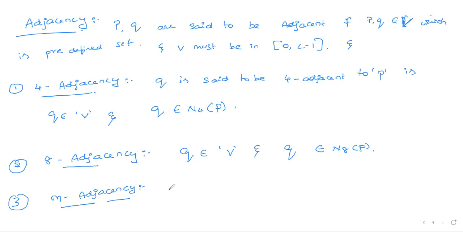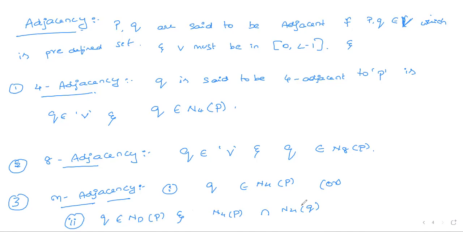First one is Q belongs to N4 of P. Or another condition: either this one is satisfied or this one has to be satisfied. Here, Q belongs to ND of P, and it also satisfies N4 of P intersection N4 of Q is equal to phi, for P comma Q belongs to V.